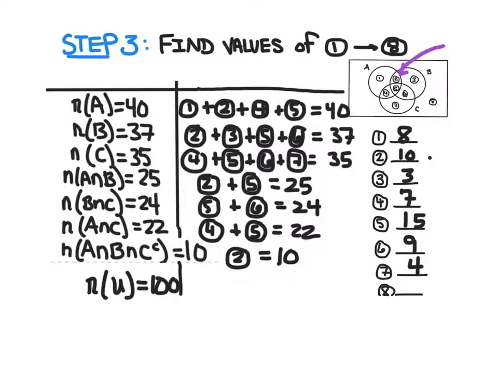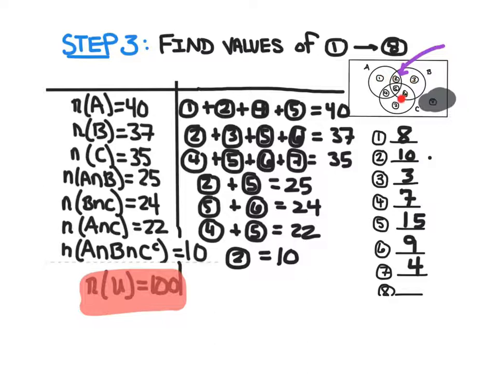And now the only other value that I have to find is 8. And remember where 8 is located? 8 is on the outside here. And that's where this piece of information comes into play. We know that there are 100 total elements in the entire rectangle. And so to find the value of 8, I have to subtract from 100 the sum of all of the values 1 through 7.